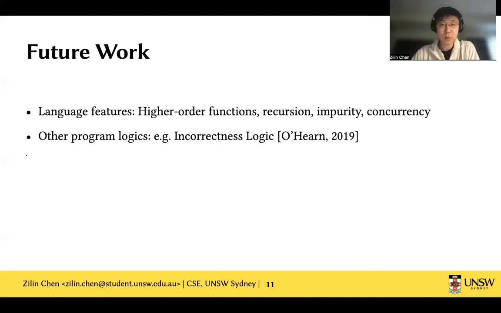It's yet to be seen which of these language features are compatible with the Hoare Logic style formalization. Seeing that we decompose a refinement type system into a simple type system plus Hoare Logic, we're curious to see if we can use a different program logic instead, and what kind of type system it yields.